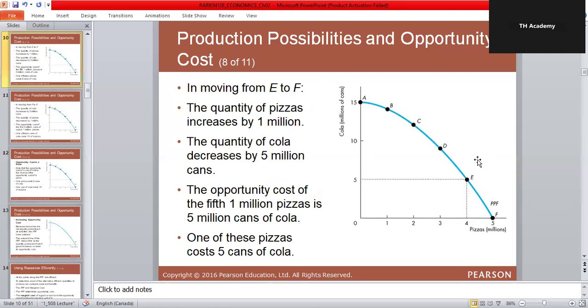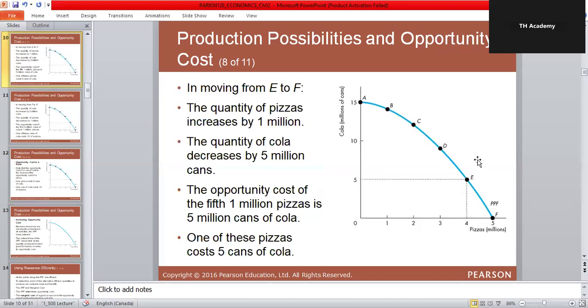Moving from E to F. Look at the diagram. Moving from point E to F is an opportunity cost example. Let's see an example of opportunity cost using our pizza and cola factory. At point E, 4 million pizzas and 5 million cans of cola are produced. At point F, 5 million pizzas and 0 cola.